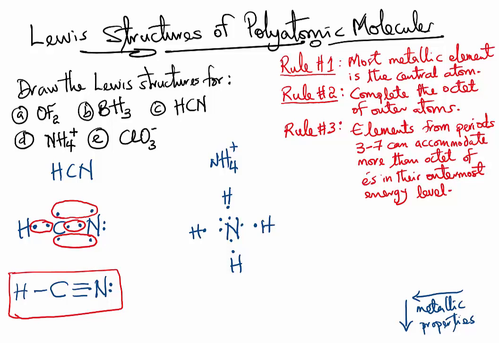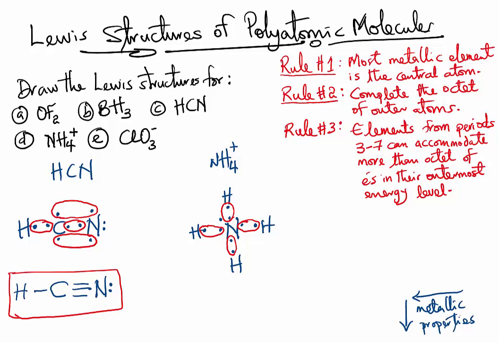Now let us complete the octet or duet of the outer atoms. If you share 2 electrons between hydrogen and nitrogen, the hydrogen will become stable, because then the hydrogen will have its duet of electrons. So each of the hydrogen is now stable.